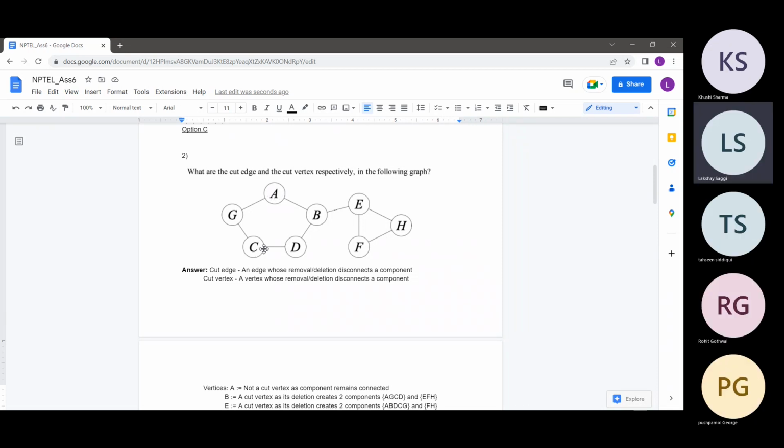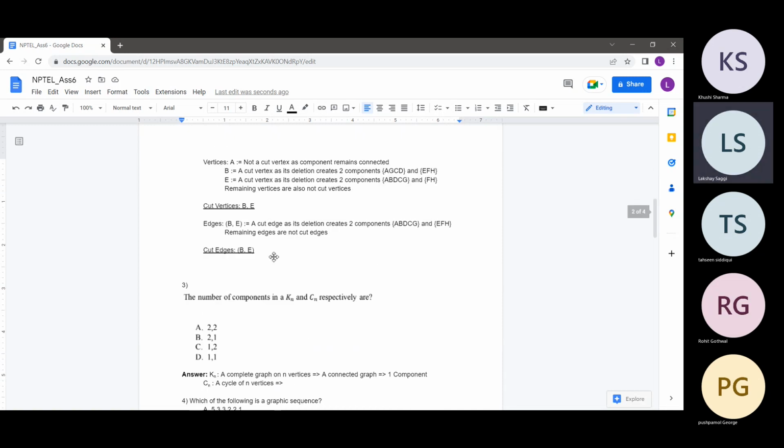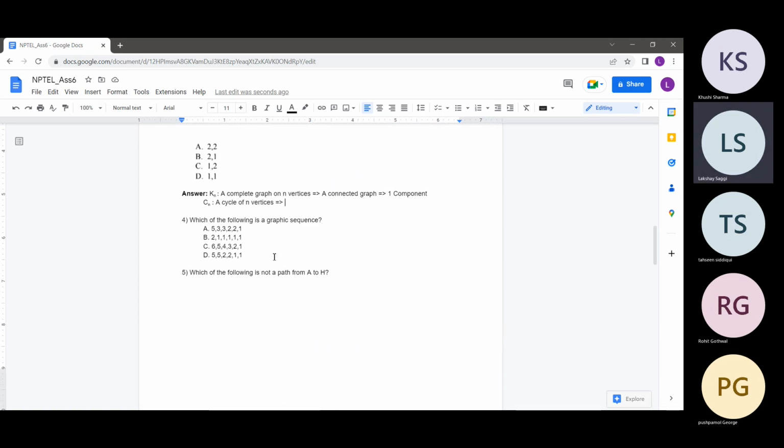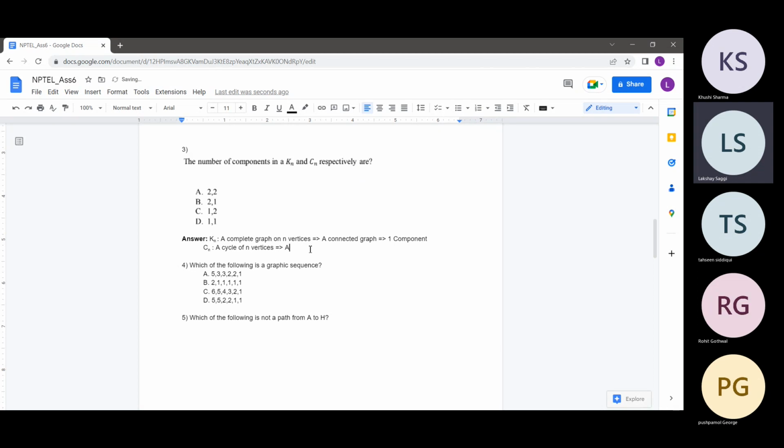Like the pair A comma C can be connected using the path A, B, D, C or the path A, G, C. So two paths are available using this cycle, one clockwise and one counterclockwise. So again, it is a connected graph, and so it is a single component.